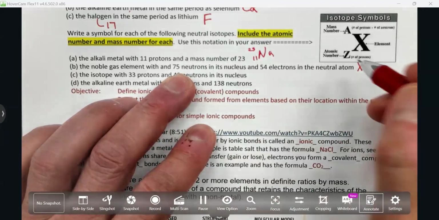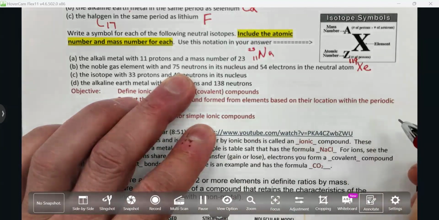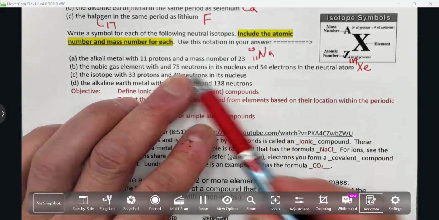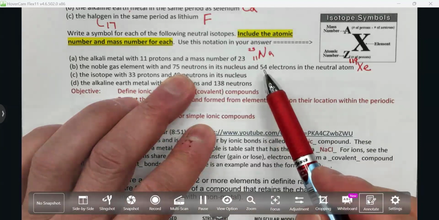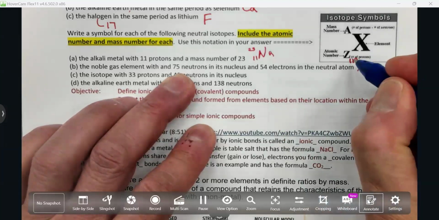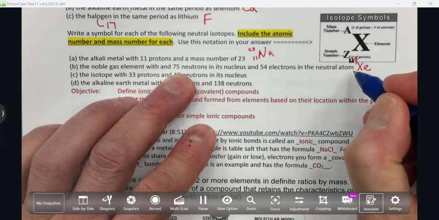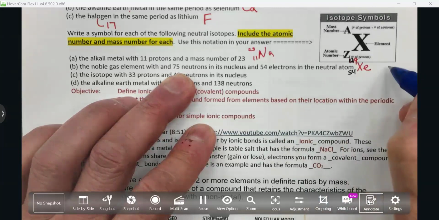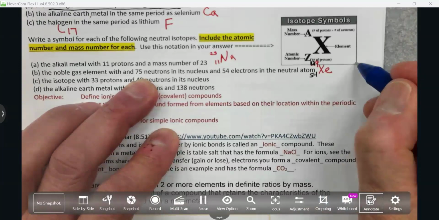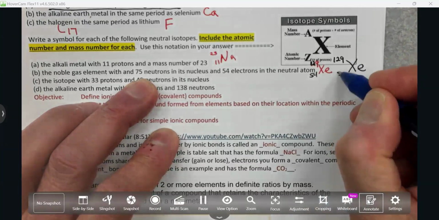So this would be 75 plus 54, 129. Rewrite this: 129, 54.